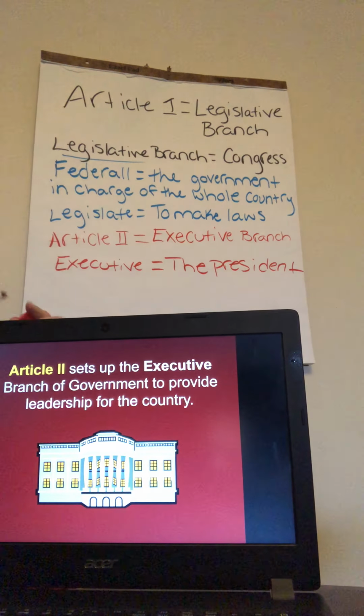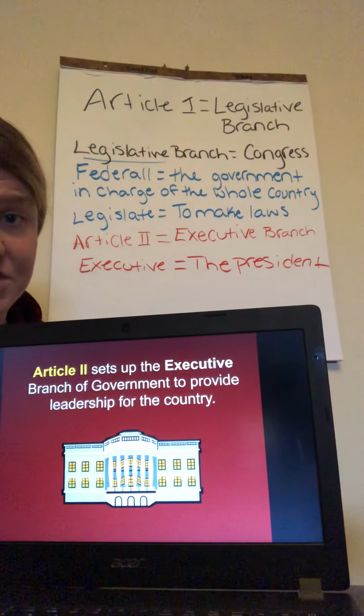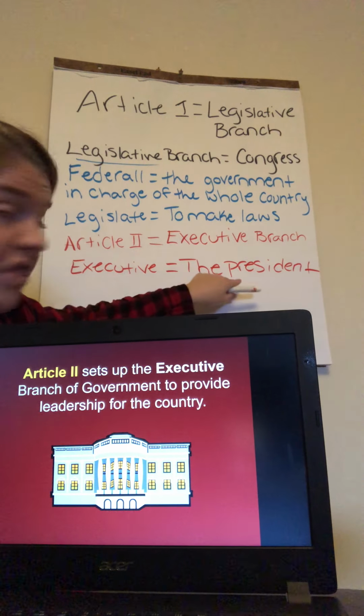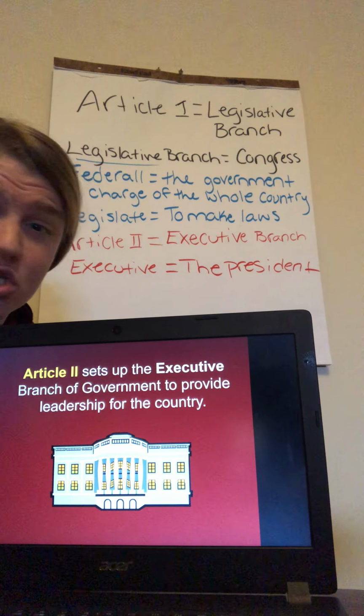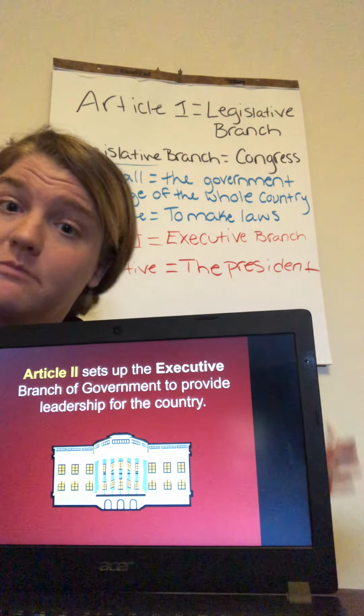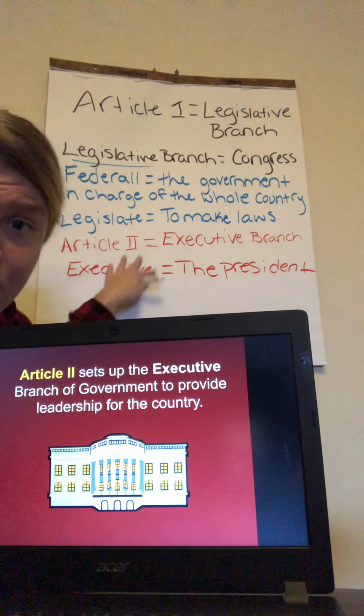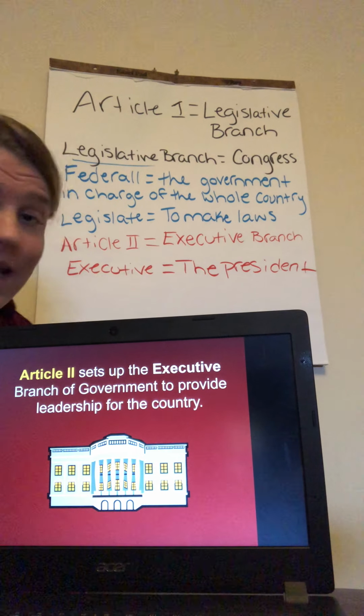Article 2 is the executive branch, and the executive is the president and anyone who works directly for him. So him or her, maybe one day, hey, we're working towards it. So the president has this branch, and that's the second.